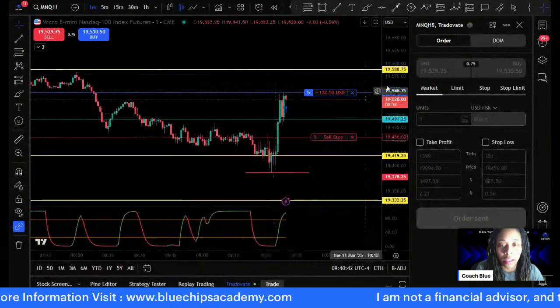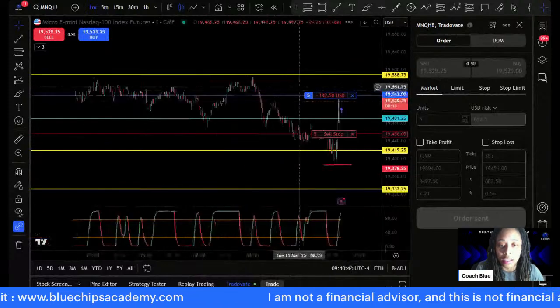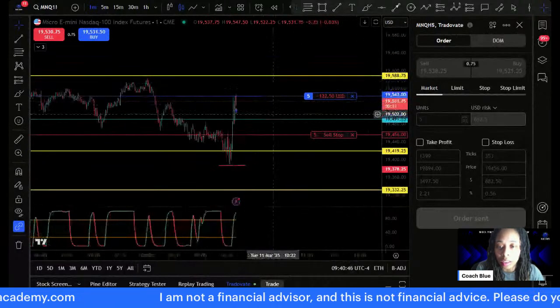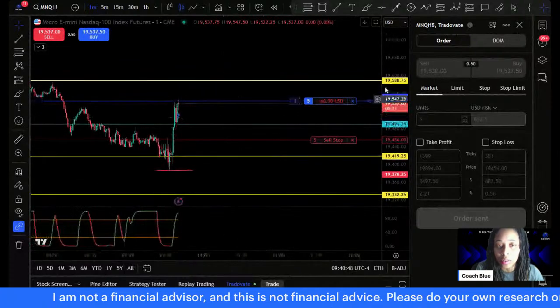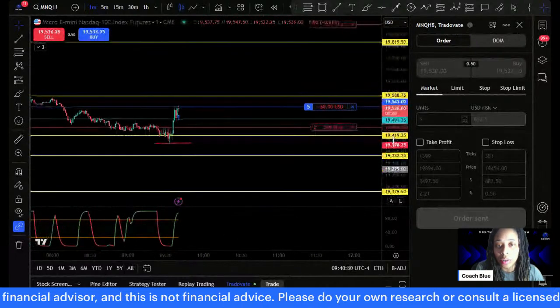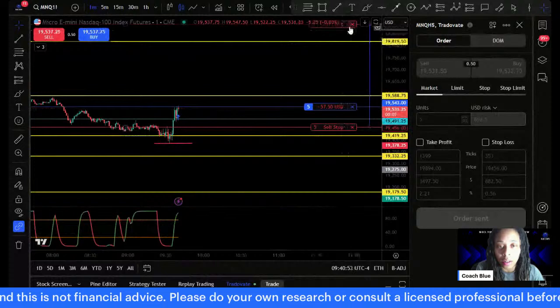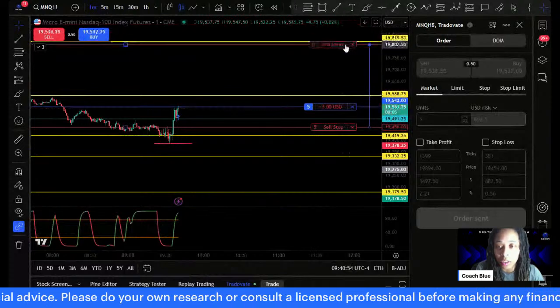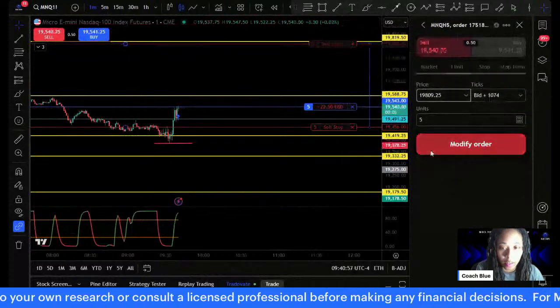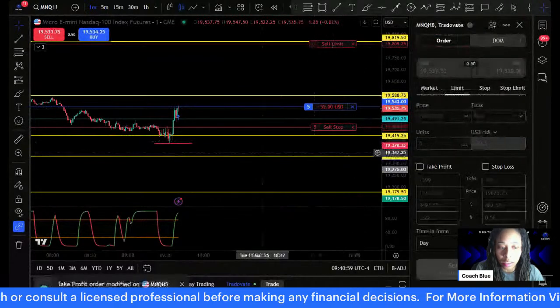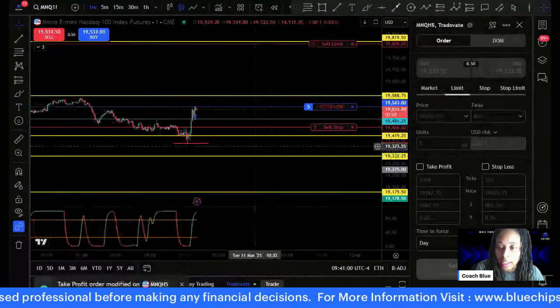And then TP2 will probably be up here. This will be TP2 right here. So I'm going to modify that order right there. All right, and let's see how we do.